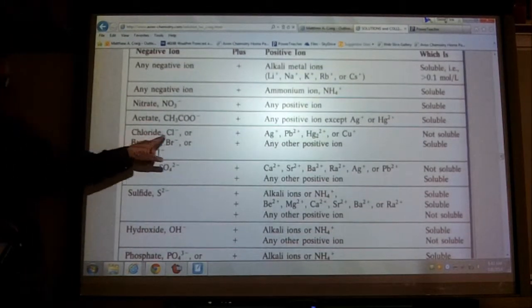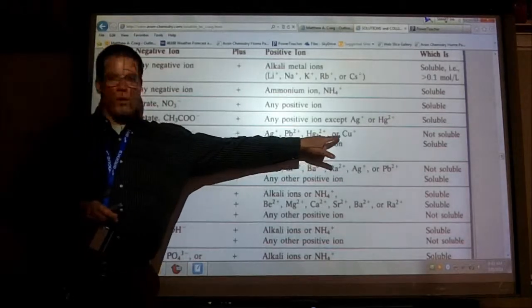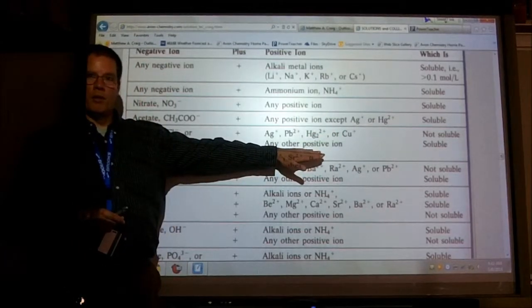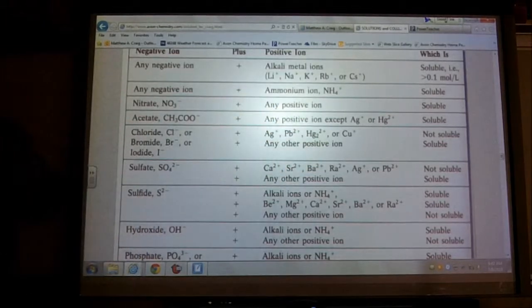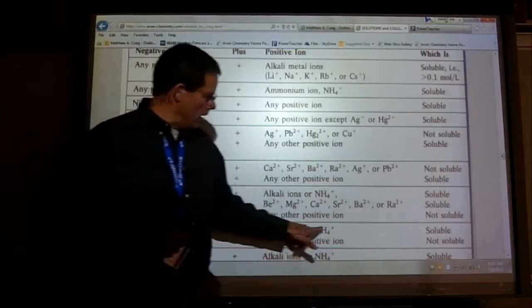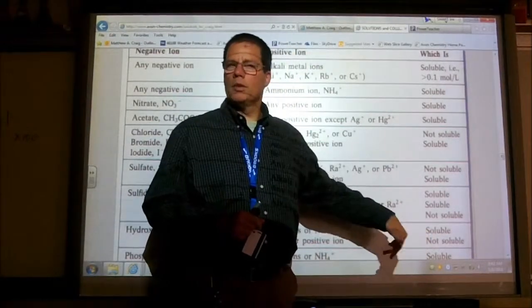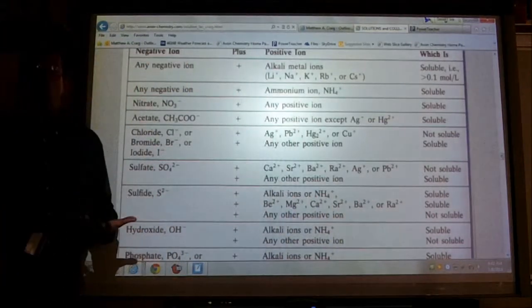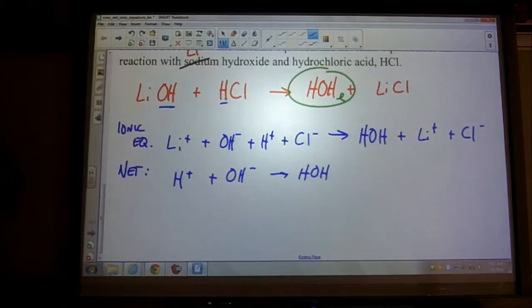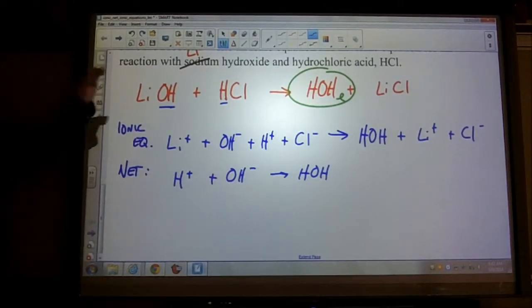So you still check just in case. But what I don't want you to do is come over and go, okay, well I have OH and, oh, H is in the first column, soluble. Yeah, but it also forms pure water. That's the more important thing. Okay, so if you don't have a PPT, but you do form water, you have a reaction.